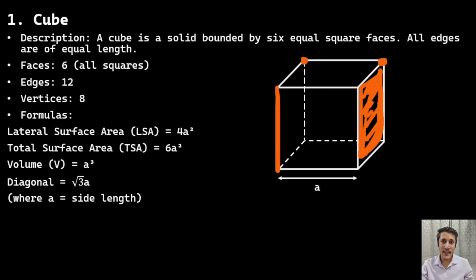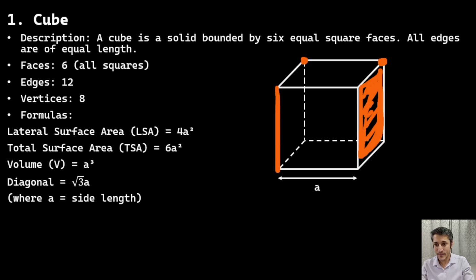The total surface area would be 6a squared. The reason is that a cube has 6 square surfaces, and the area of each square is a squared. So the total surface area becomes 6 into a squared. The formula for volume is a cube, and the length of the diagonal is root 3 times a. Here the diagonal is a line joining opposite vertices.